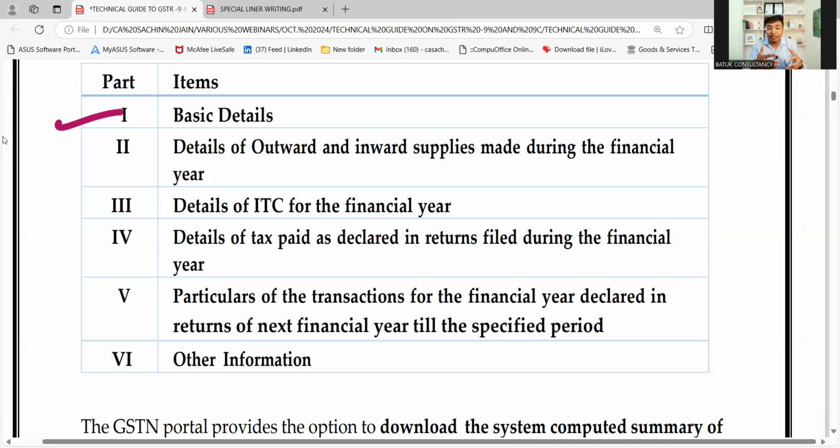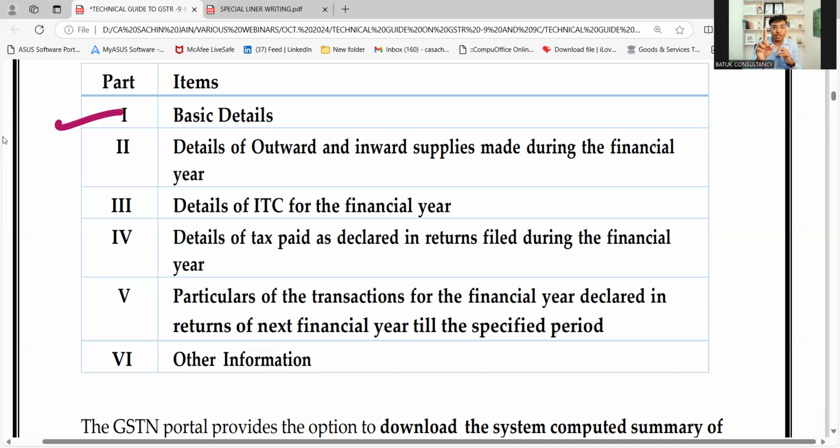Because the government is getting the revenue from GSTR 3B. Your set off of output and input you are doing through the GSTR 3B. So the government is saying that when we are getting the revenue from the GSTR 3B return, your annual reconciliation should be based on your GSTR 3B return.